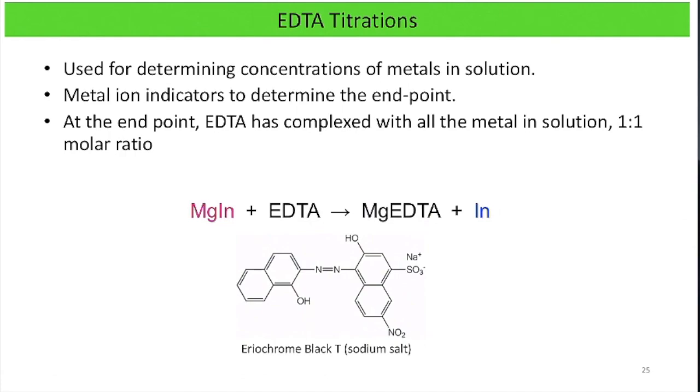When all the indicator has been removed from the metal, the color of the solution will have finished changing. And again, the important thing about EDTA titrations is that metals and EDTA form 1-to-1 complexes. 1 mole of metal reacts with 1 mole of EDTA.